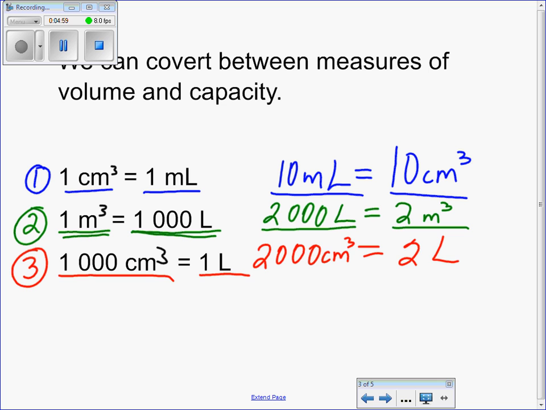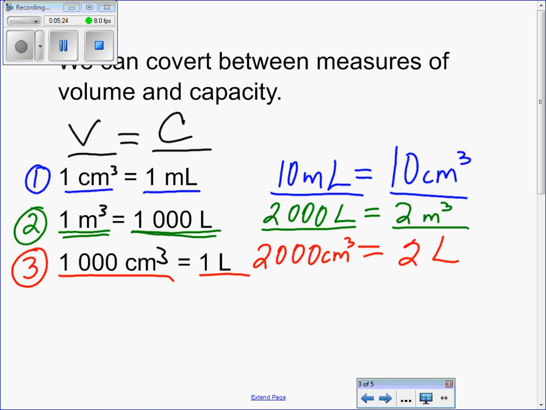So we'll convert back and forth between capacity and volume. And if you'll notice, I arranged the conversions so that the volume measurements are all on the left and the capacity measurements are all on the right.